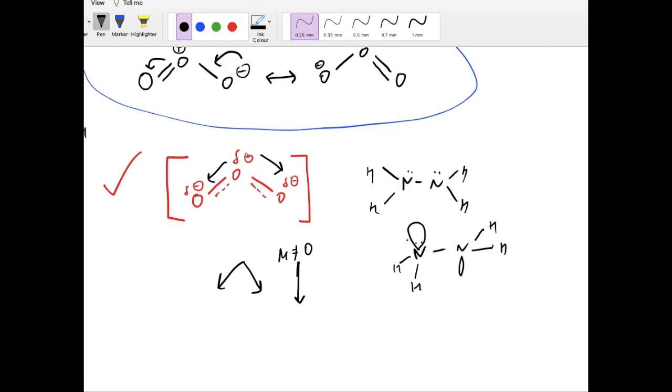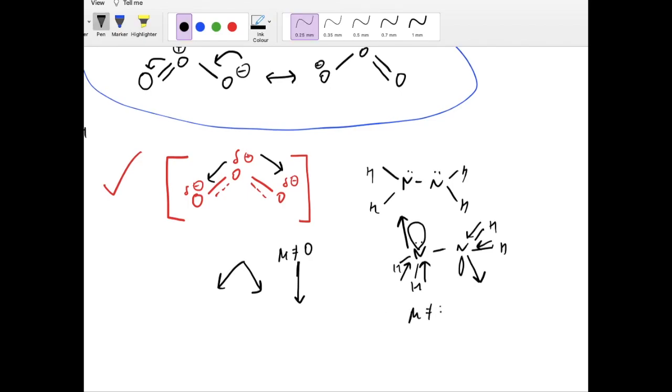Now you can see that the lone pair would be having an arrow towards this direction, and this would be having an arrow towards this direction. Since nitrogen is somewhere around 3 or 3.1 in electronegativity, and hydrogen is 2.1, there would be a net dipole moment towards nitrogen in this direction. So overall, the dipole moment doesn't really cancel out.